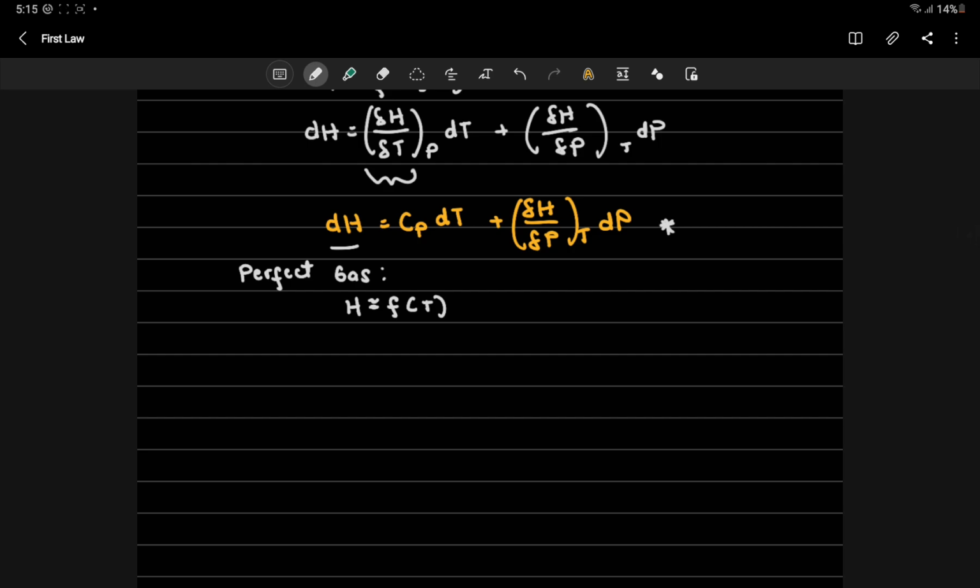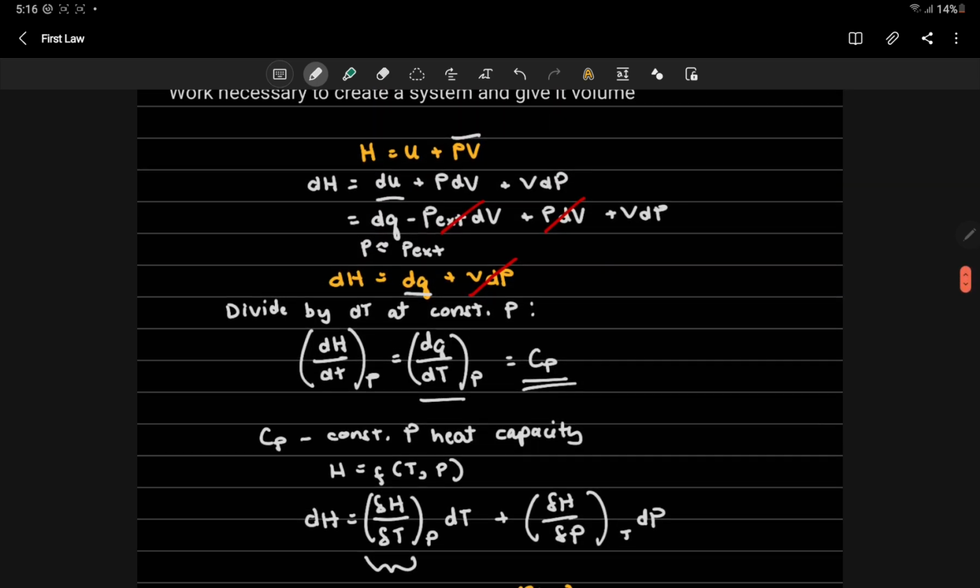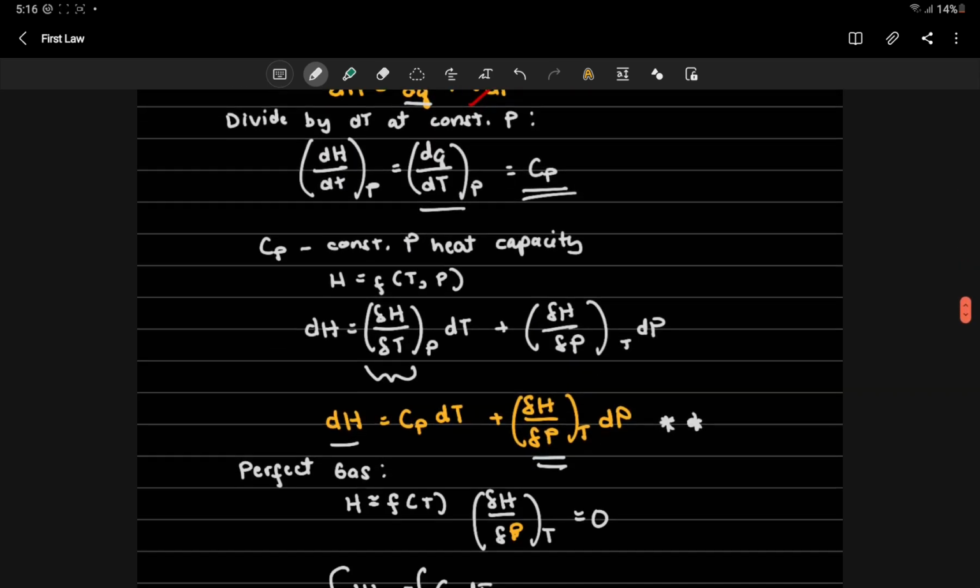So the term, the partial of H with respect to P at constant T, which is this one, right? Since P is a variable here, but we said enthalpy depends only on temperature, therefore this one will be 0. So what remains in our equation? This equation becomes differential H equals Cp dT only. And if we integrate, we arrive at this equation: the change in enthalpy, delta H, equals the integral of Cp dT.